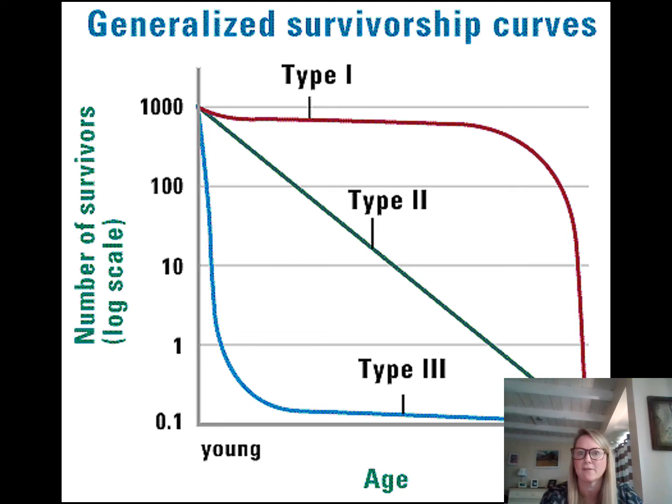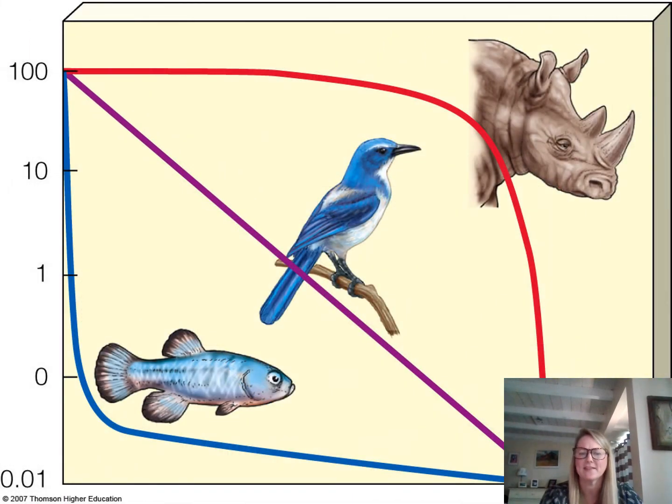You have a lot of organisms at the beginning, and then they don't quite make it to reproductive age. This is an image taken from the AP Environmental Science textbook. You can see rhinos are a classic example of the type 1 survivorship curve. Birds are constant loss, so those are type 2, and type 3 would be many of the smaller fish species.